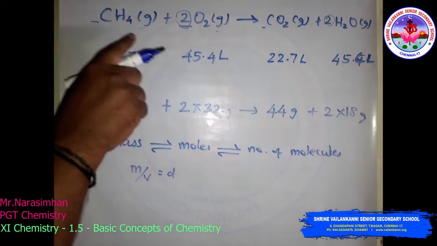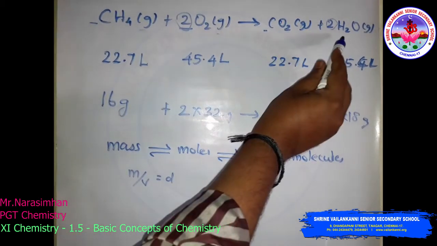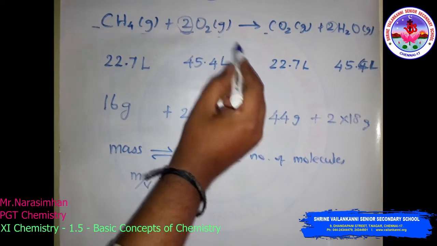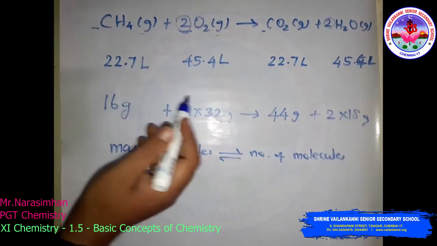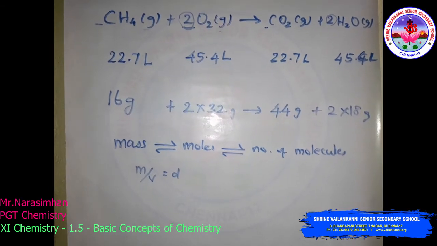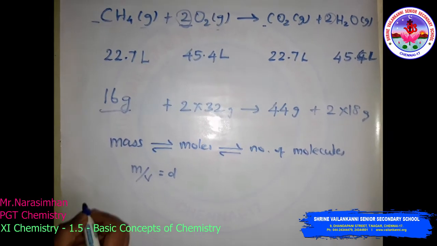Based on this reaction, calculate the amount of water produced by the combustion of 16 gram of methane. See, I will repeat that question.